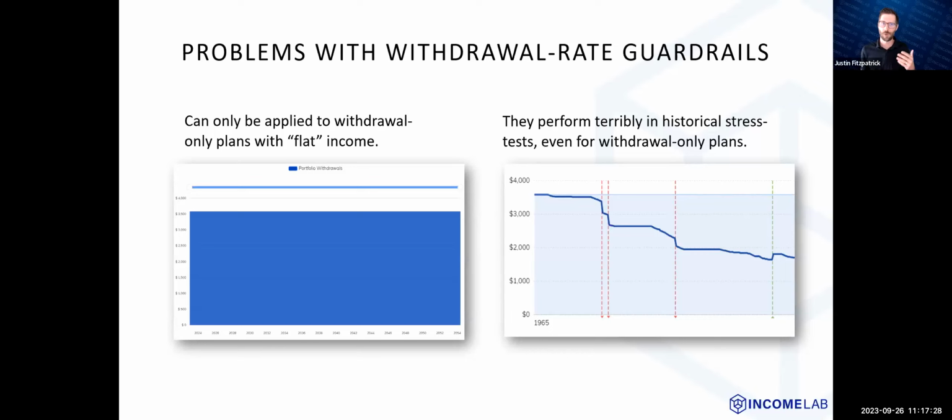So even if you have a plan that in principle you could use withdrawal rate guardrails for because it has a simple shape of portfolio withdrawals, the problem is when it's tested, kind of like, I don't know what you'd call it, FDA level 1, does it cause harm? It sure looks like it does. So it looks like it doesn't work.